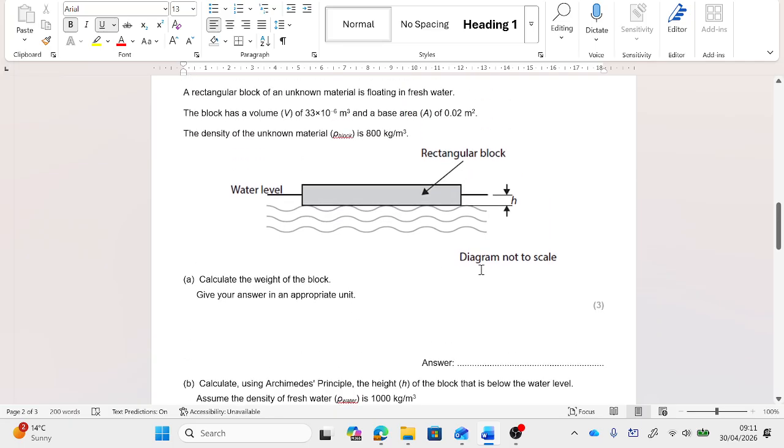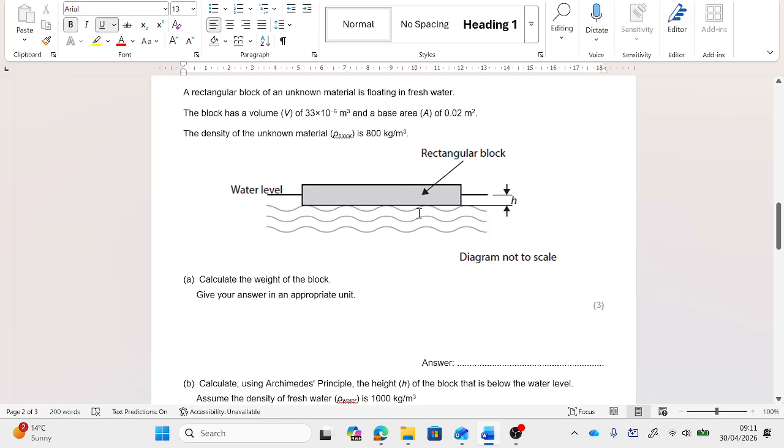So in this problem, we have an object floating on a fluid. Now, the word we're looking for is what we call submerge, or in other words, buoyancy. So calculate the weight of the block.